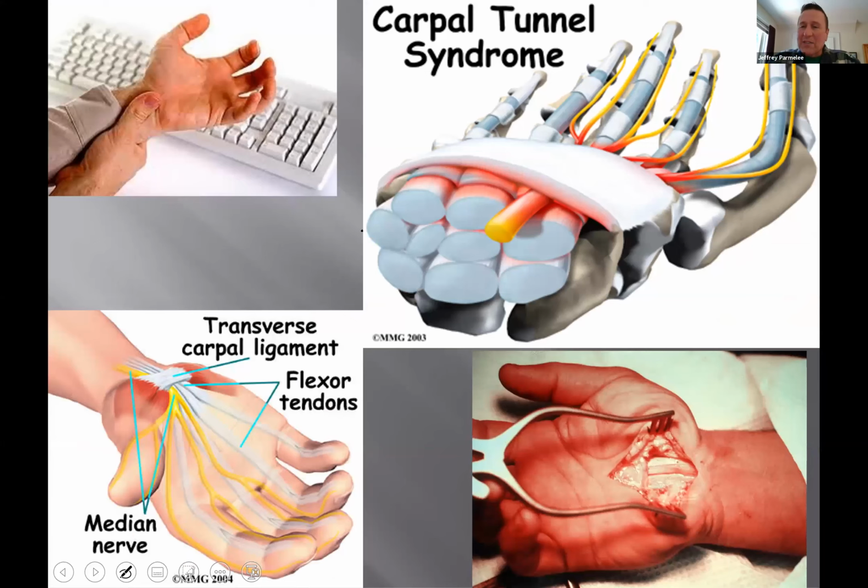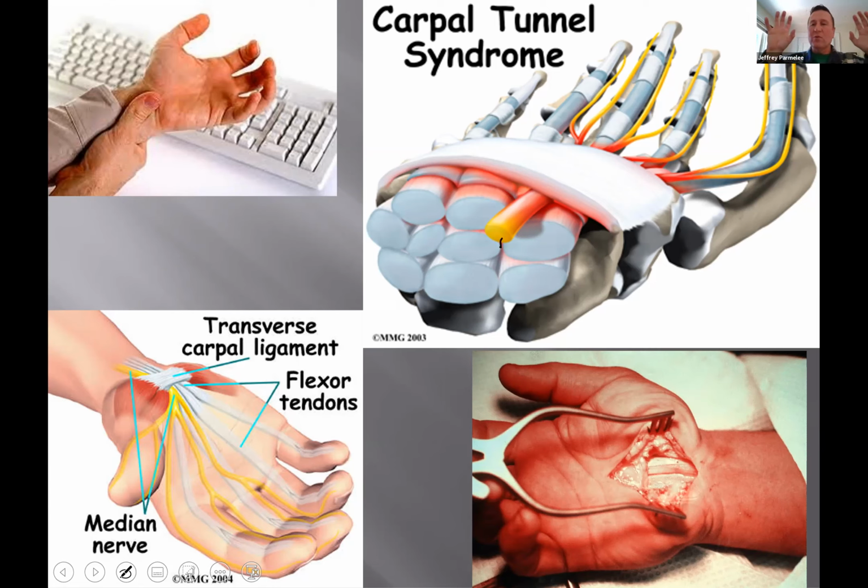And all of these flexors go through what's called a carpal tunnel. And you've seen it when you look at the bones, but in here, there's a really tough ligament going across it. And all these tendons for flexing my fingers and my wrist go through this tunnel along with a nerve, this median nerve. And that's the issue.